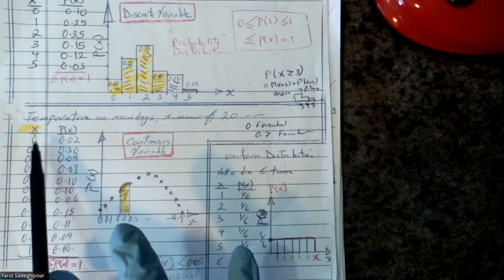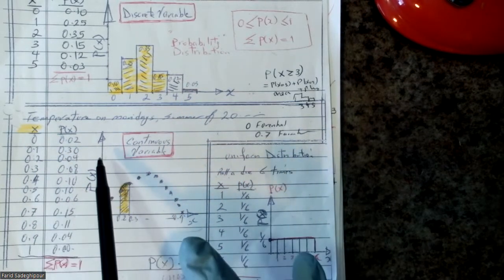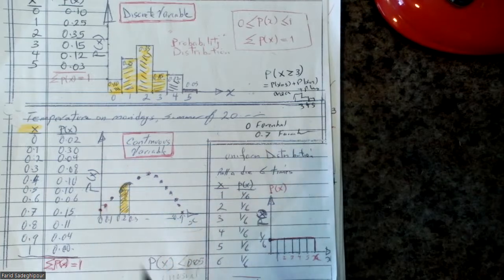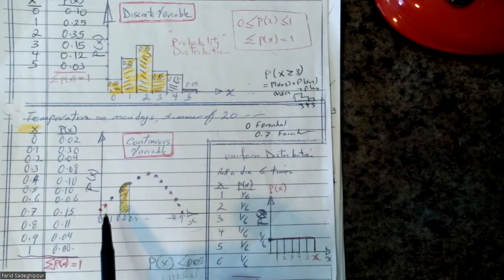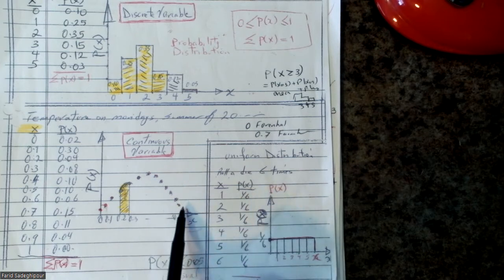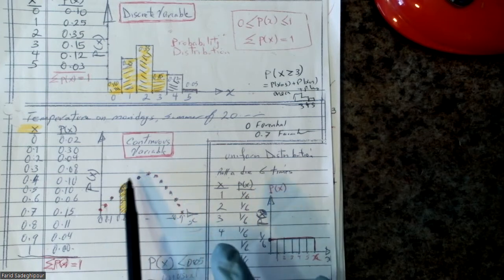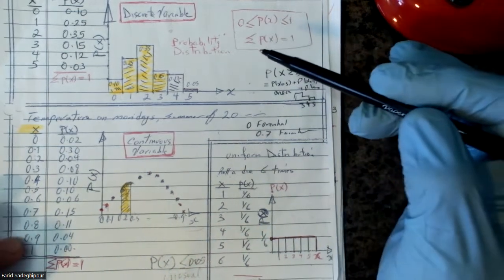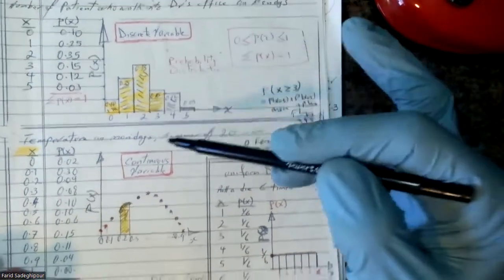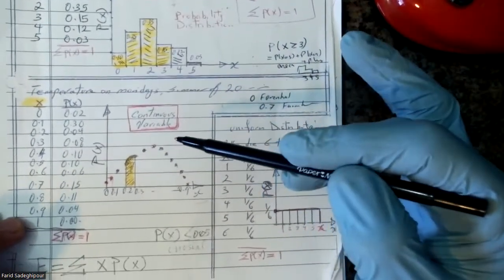For every single point, if your vertical axis is probability and your horizontal is X, then you have all these points that create a curve. So the rule is the sum of P(x) still has to be 1. That's one of the conditions that we need to have, whether you have discrete or continuous.